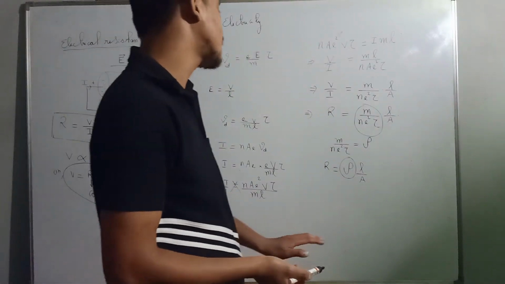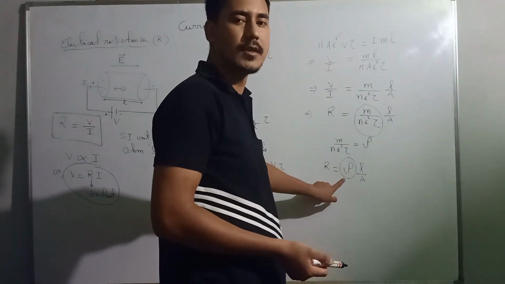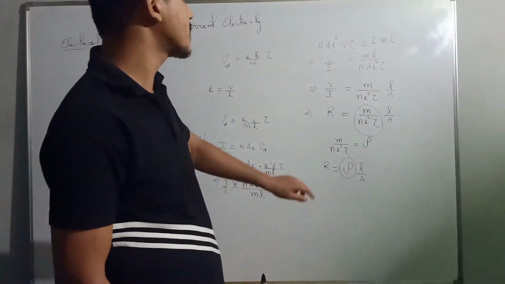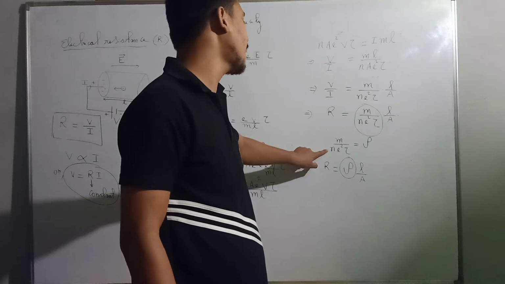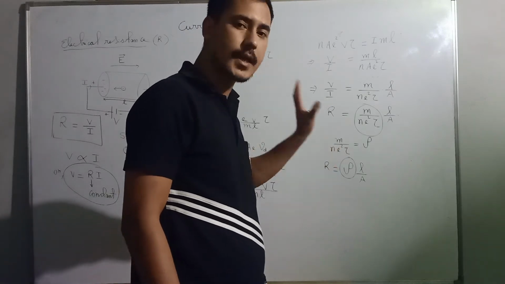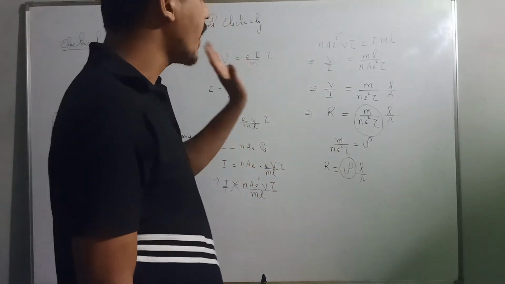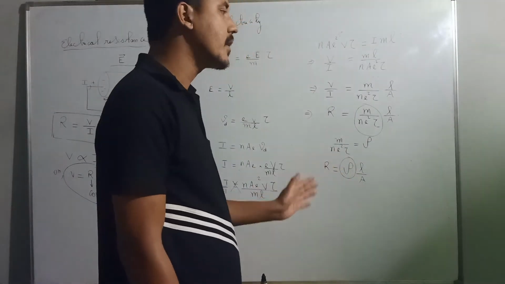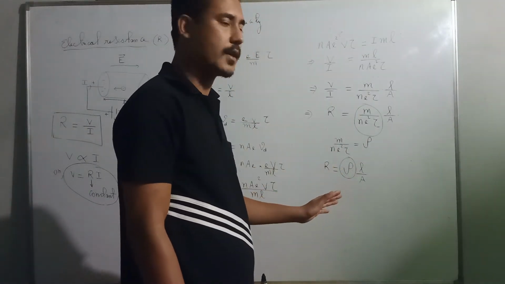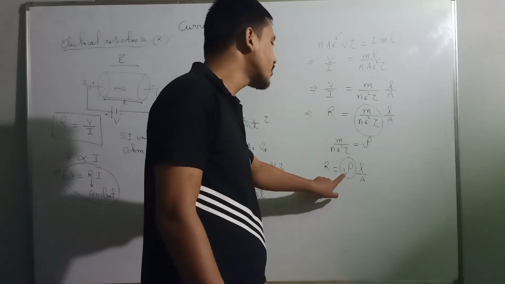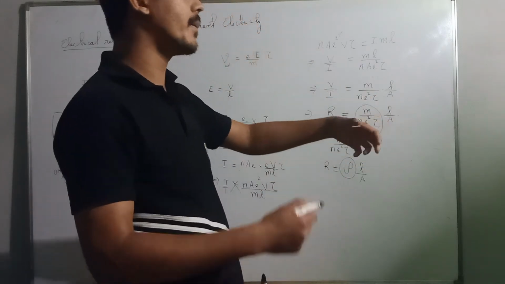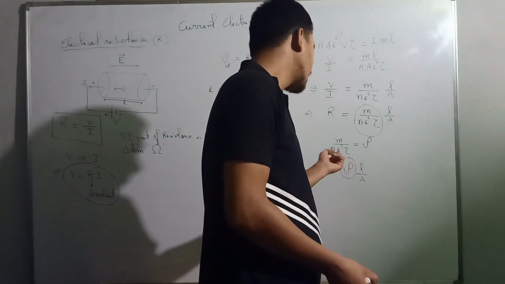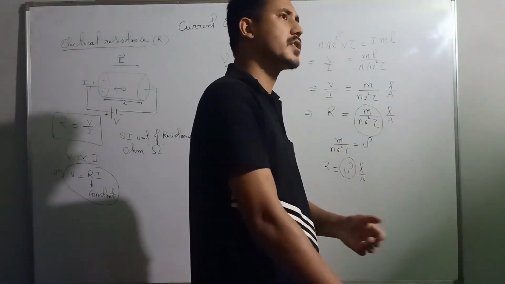where rho is a constant and is known as electrical resistivity. So this electrical resistivity, which is given by m upon n e square tau, is constant, and its value depends upon the nature of the material and the temperature of the material. This resistivity is independent of the length of the conductor and independent of the area of cross-section of the conductor.